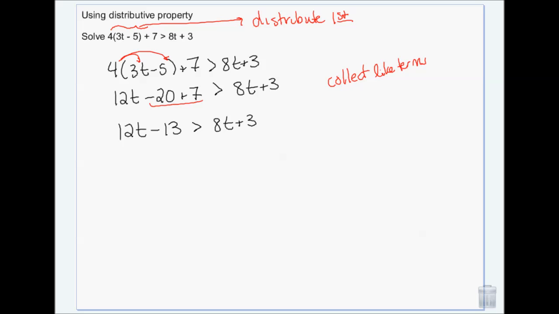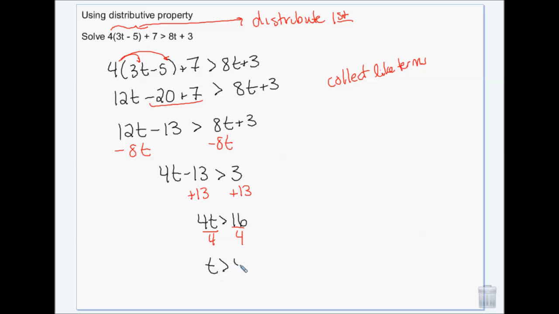So subtract 8t from both sides. Which gives me 4t minus 13 is greater than 3. So then I'm going to add 13 to both sides. To get 4t is greater than 16. So I'll divide by 4. t is greater than 4.